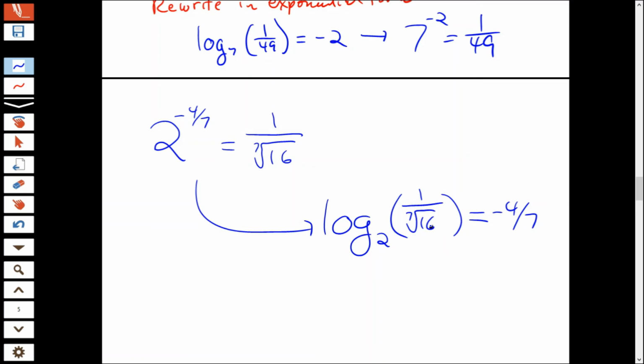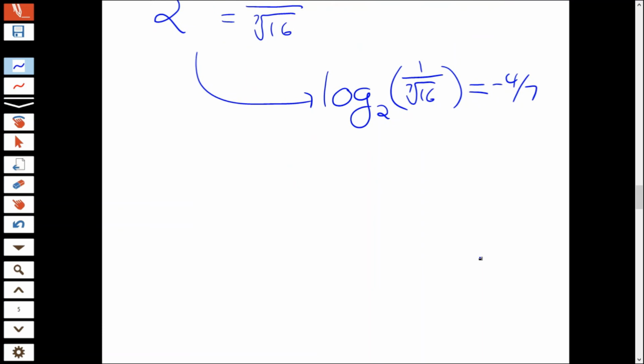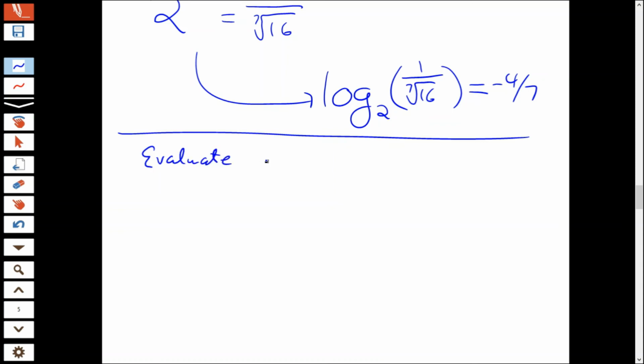All right. Now, anytime I ask a student to evaluate a log and they tell me, oh, I don't know how to do logs. Logs are so difficult. And I understand. It's very odd. We're now using a function where we have no idea what operations are going on, but we set up equations. 2 to the what power equals 1 over the 7th root of 16 and so on, right?